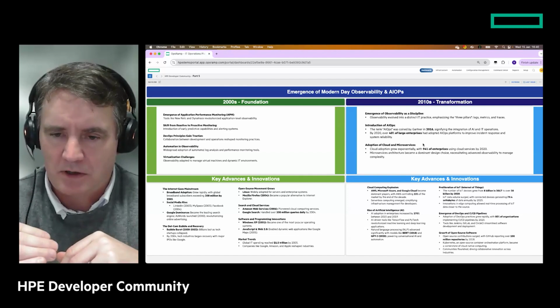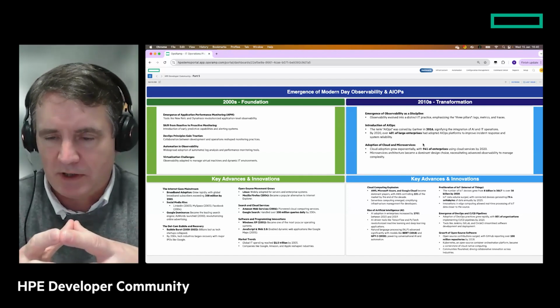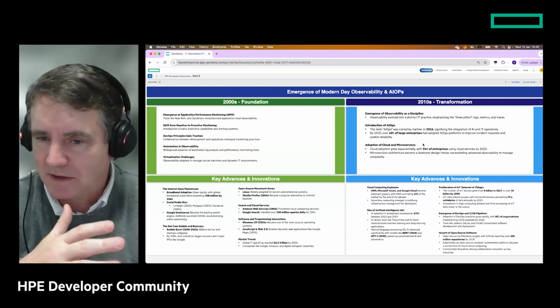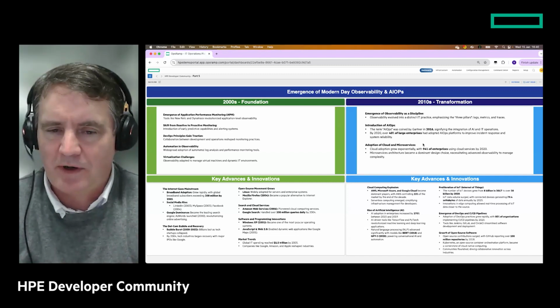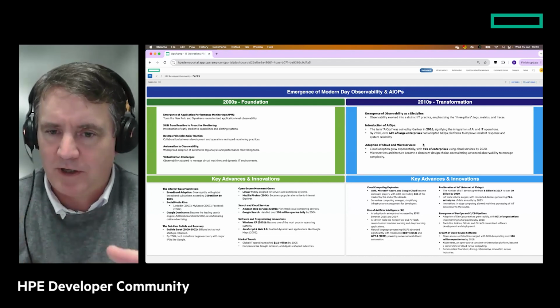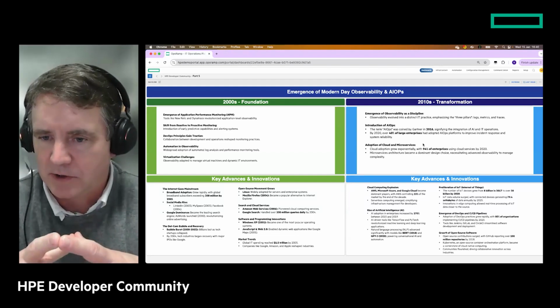So that's the MELT term. Okay. So that's really what we are basing everything on today. And the idea is, again, going back to the 1960s, it's about trying to understand what is going on in our systems, the internals, by the output that it produces in the form of metrics, logs, and traces. That is observability in a nutshell.